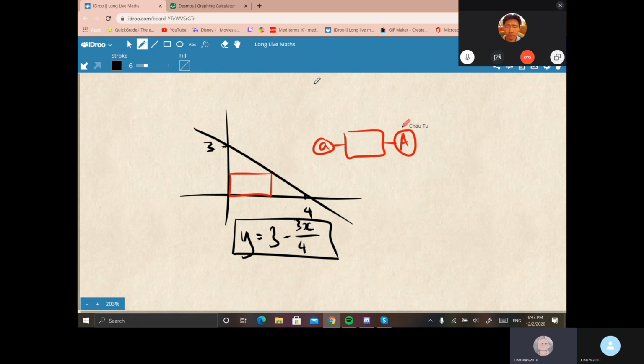We can replace the x with the a. What we're going to do, Chelsea, is we're going to call this thing here X. For any given X, you can tell me the area, right? Because you would jump to the line, and then you can work out the area, right?